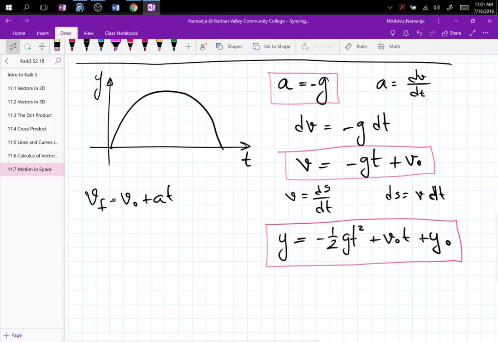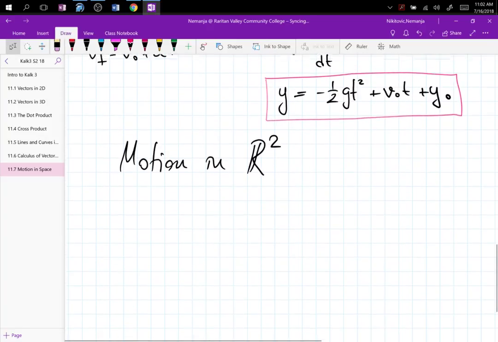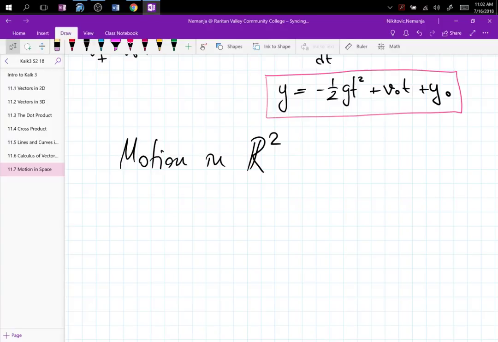Now, these formulas that you have seen 15,000 times so far in multiple courses, we are going to just put in a vector and keep in vector notation. So now motion in R2. R2, you know, that's the 2D space. And we are just going to give these as a vector.